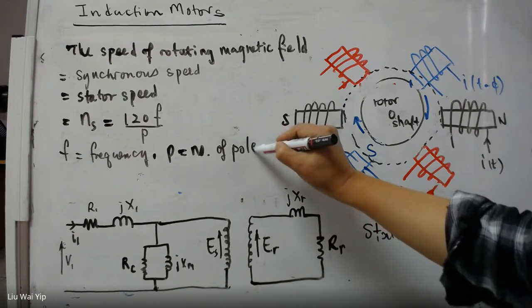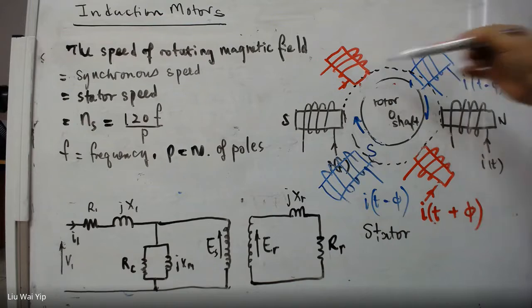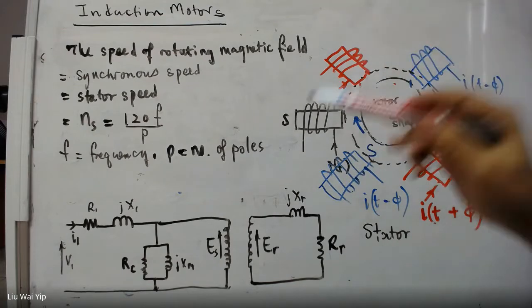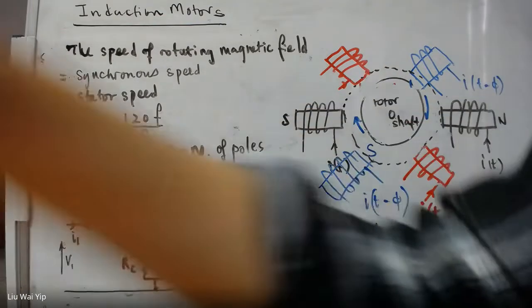So in this case, we have 1, 2, 3, 4, 5, 6 poles. So P is 6 in this case.